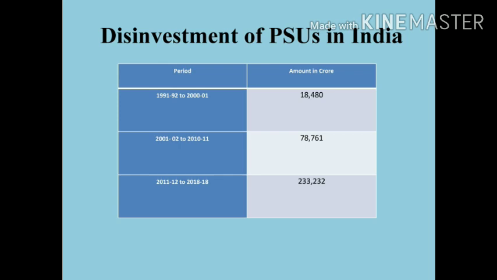Since the financial year 2001-02 to 2018-19, the governments led by various political parties sold public assets of a total of 3,30,473 crores. A few examples of the public sector undertakings which were sold to the private sector are Bharat Aluminium Company Limited, India Petrochemical Corporation Limited, Modern Food Industries, etc. These are the public sector undertakings which were completely sold to the private sector.